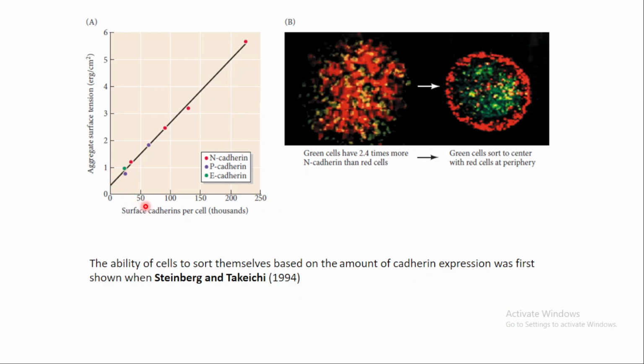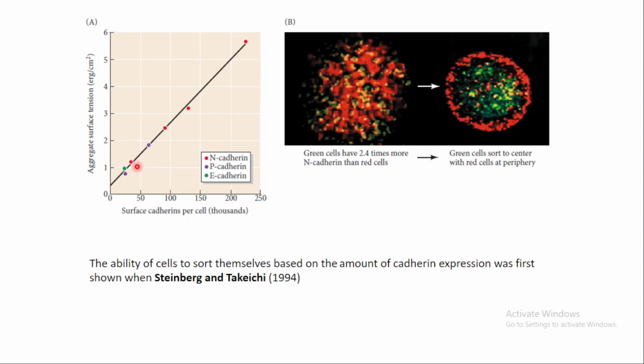along with the increase in surface cadherins per cell, we see an increase in aggregate surface tension. You see this red point here, it's greater than 200. So if we have more than 200 N-cadherins in a cell, the surface tension is also greater than 5 per centimeter square. So it has a linear relationship. The greater the amount of cadherin, the greater the surface tension.